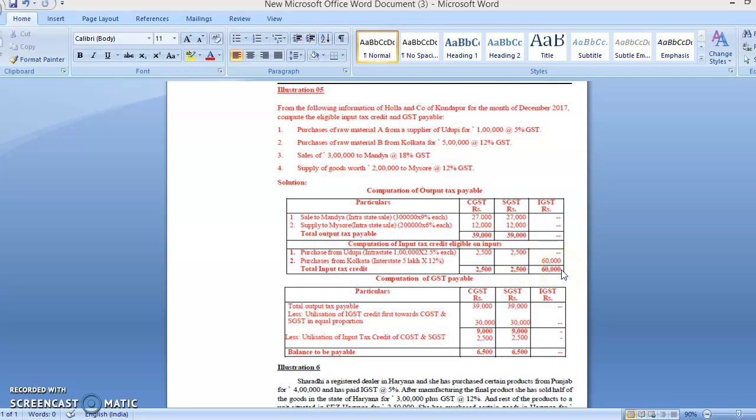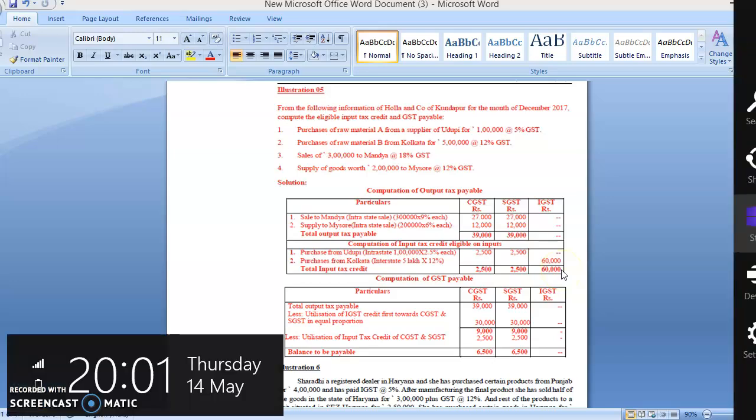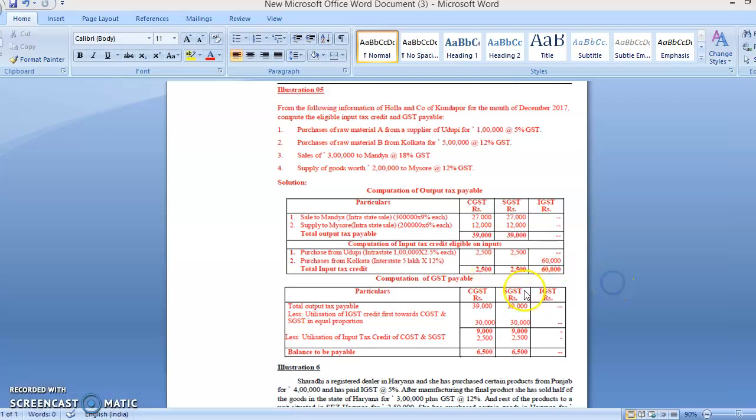So total input tax credit available is CGST 2,500, SGST 2,500 and IGST 60,000 credit is available. Usually we are going to calculate the input tax credit on purchases he has made. Whatever the tax he has paid on purchases will be the input tax credit for him.